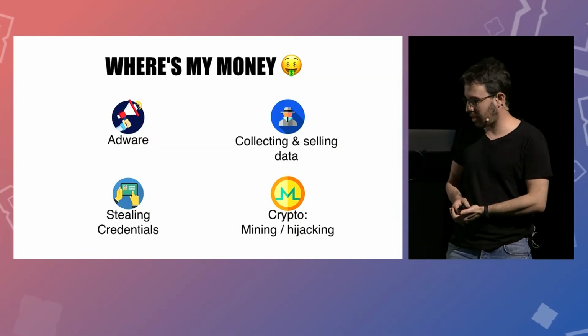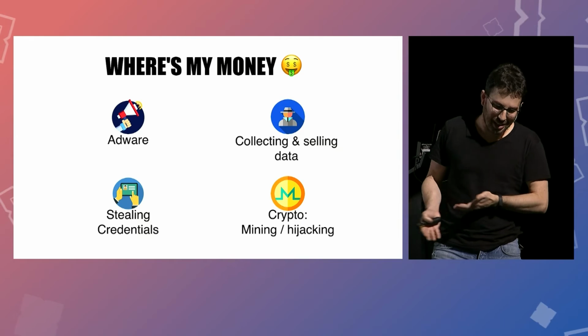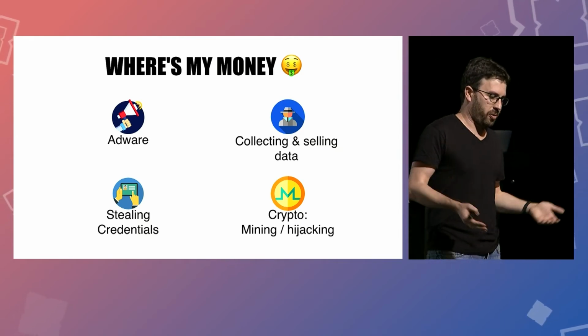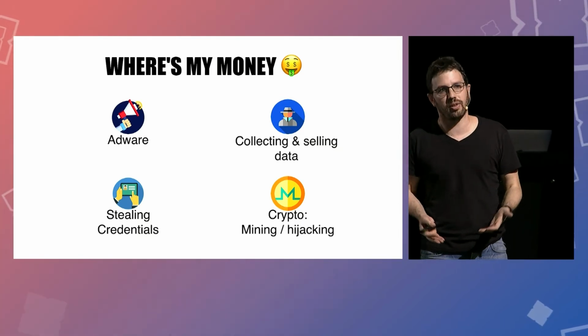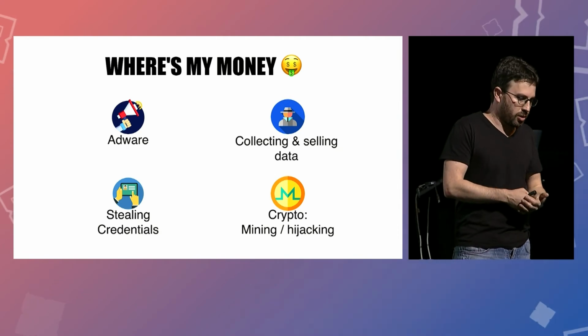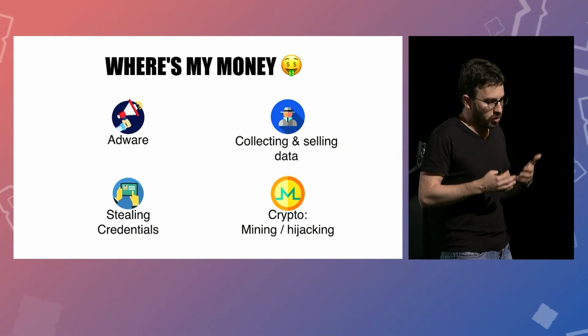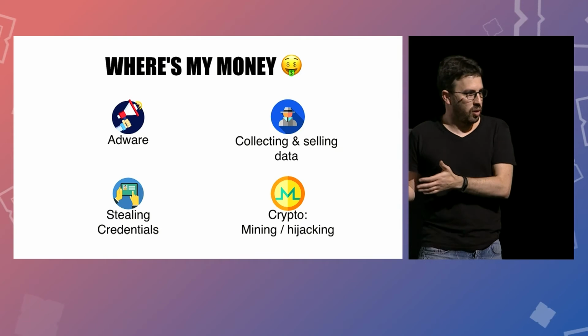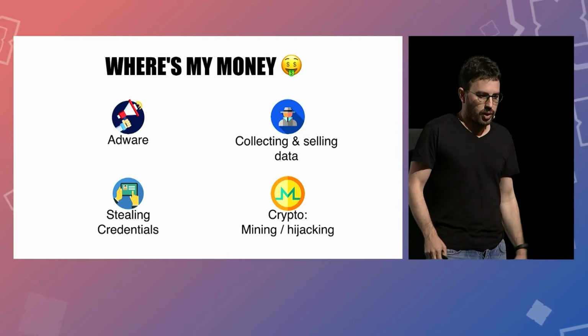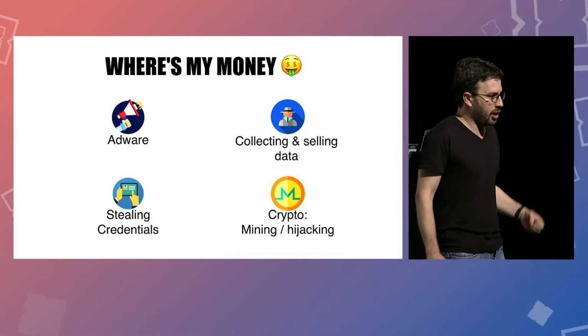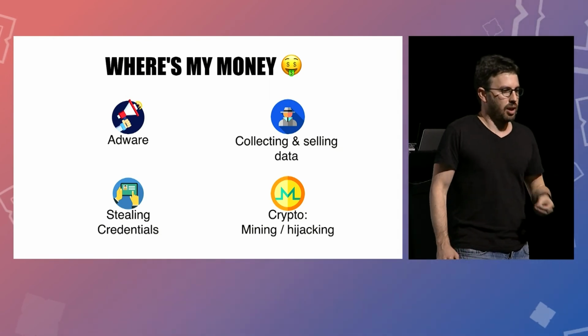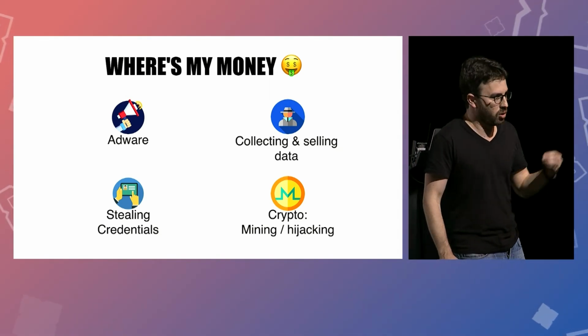Well, luckily or not, extensions don't want to steal a photo. What they really want to do is make money, of course. So how do they do it? The most common ways, I'm going to show you now. The most common way is AdWords, taking advertisements and injecting them into your DOM.